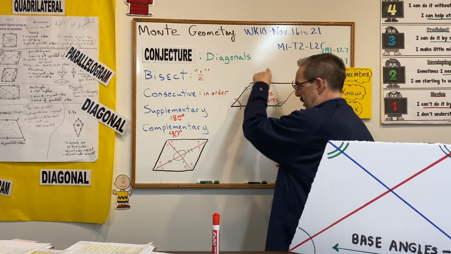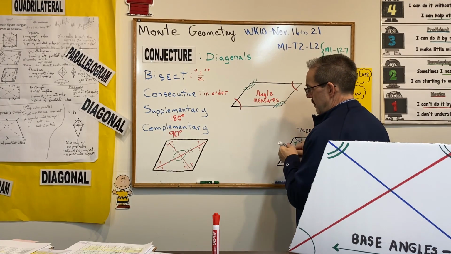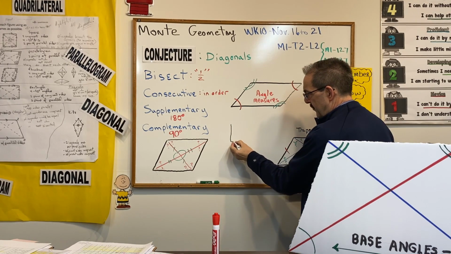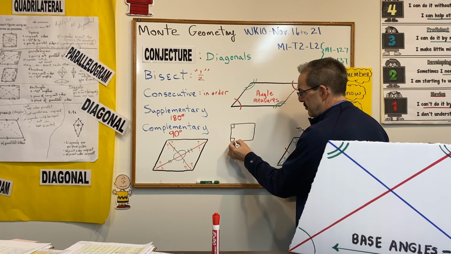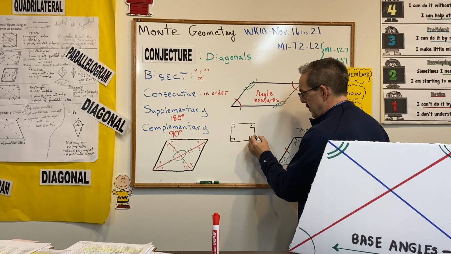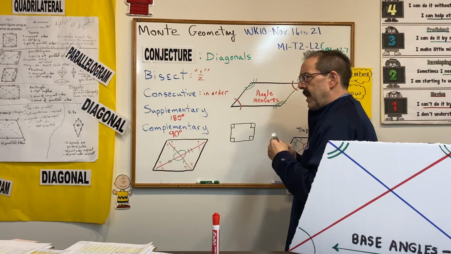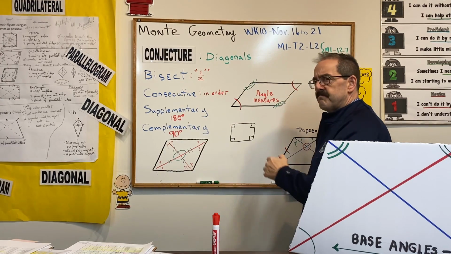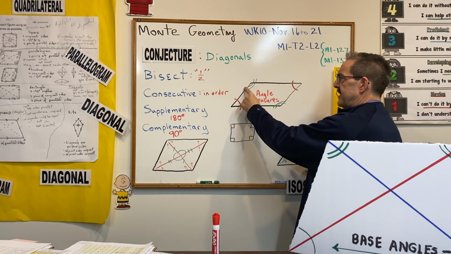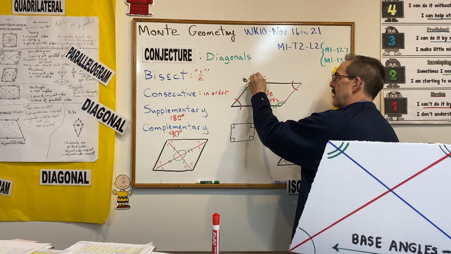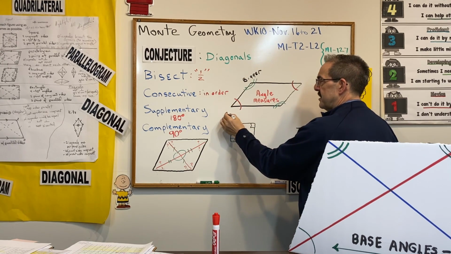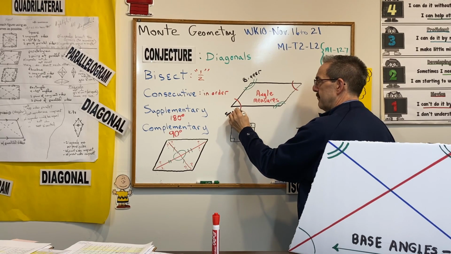In the parallelogram, if we have a square, and we know those are 90, but I walk up and I smack it, as this gets bigger, this gets smaller.